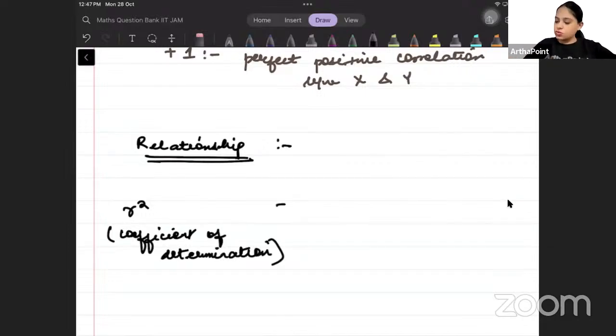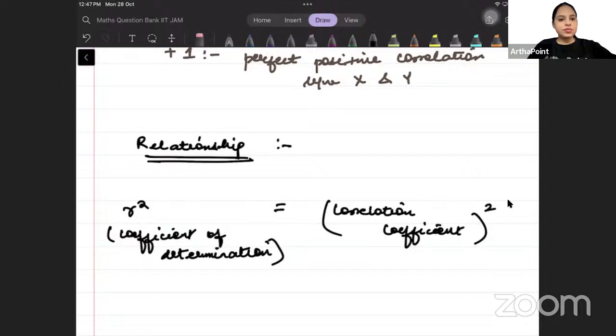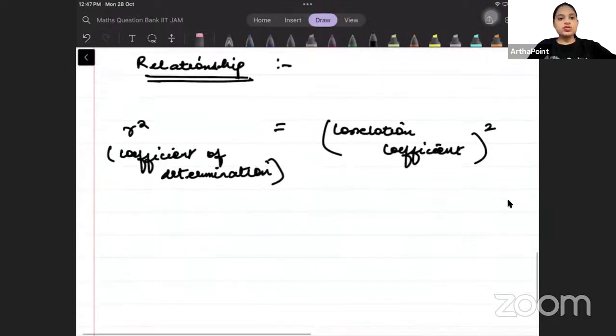This is equal to correlation coefficient whole square, right? Correlation coefficient whole square. That is a relationship which exists for them, right?